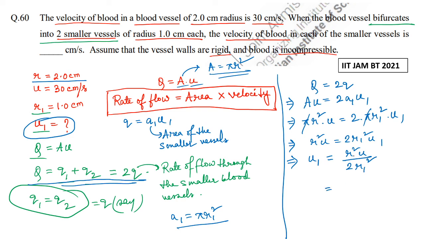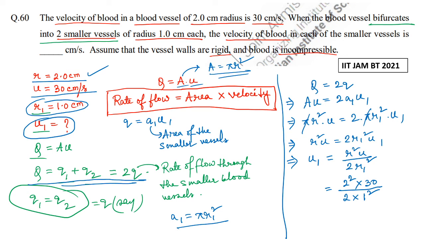Now, what is R square? R is 2.0 centimeter. So 2 square into u, which is 30 centimeter per second. So 30 divided by 2 into R1. What is R1? It is 1.0 centimeter, so it is 1 square. Okay, remember one thing here, all of the given quantities are in CGS units.